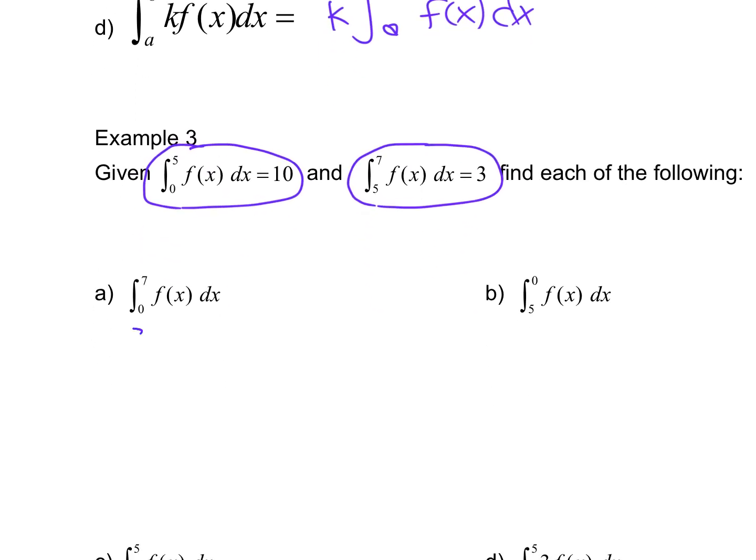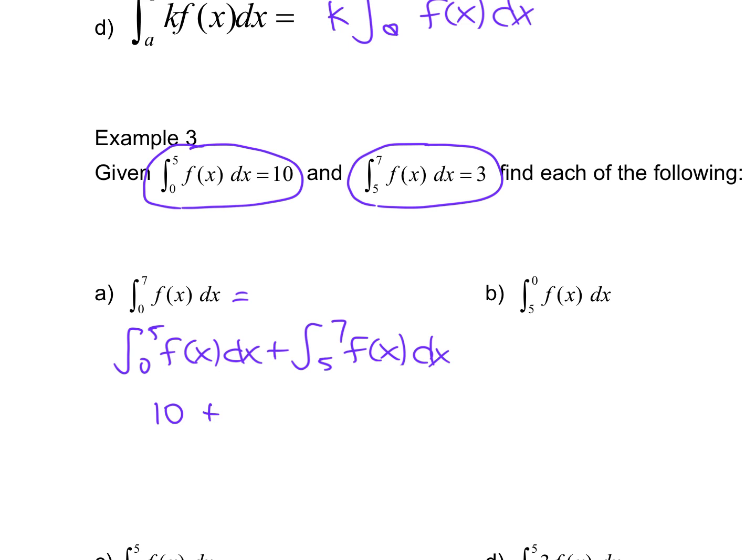So the integral from 0 to 5 plus the integral from 5 to 7 would give me the full integral from 0 to 7. In this case, the first one is 10, the second integral is 3, therefore the total integral would be 13.